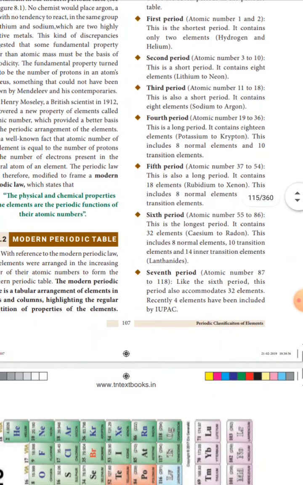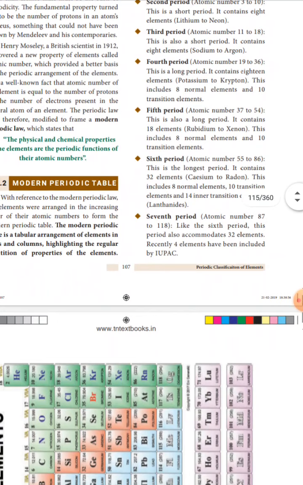The third period consists of 8 elements, atomic number from 11 to 18, sodium to argon. This is also a short period. The fourth period, atomic number from 19 to 36, elements from potassium to krypton, constitutes 18 elements: 8 normal elements and 10 transition elements.